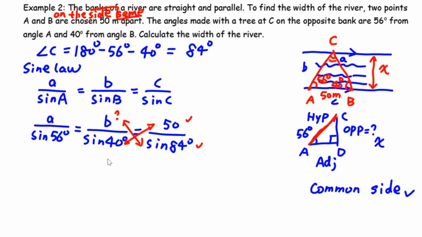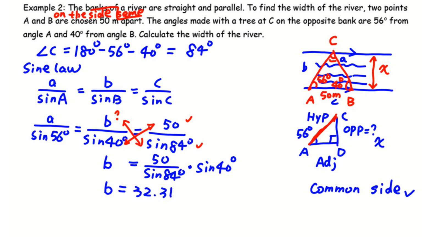So b equals, times sine 40 to the other side. Then multiply sine 40 degrees. Use your calculator, you are able to find b equals 32.3164. Then this is in the triangle ABC.